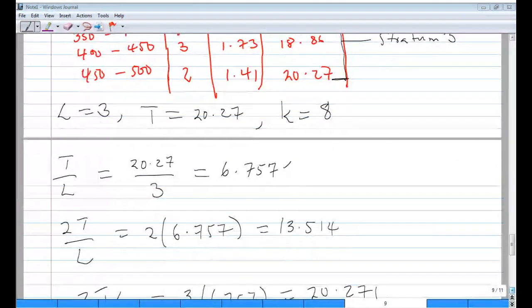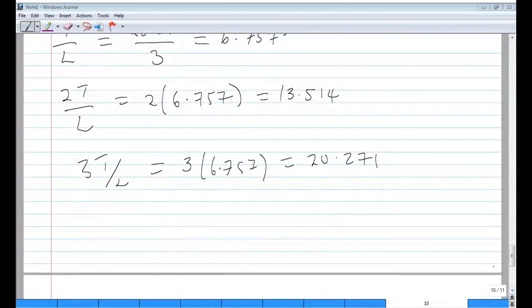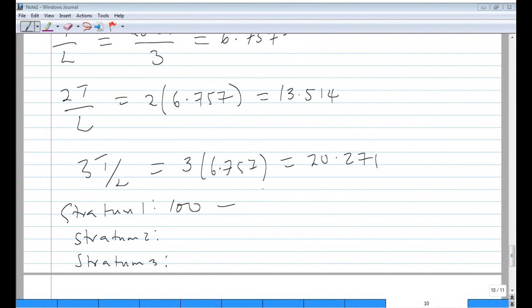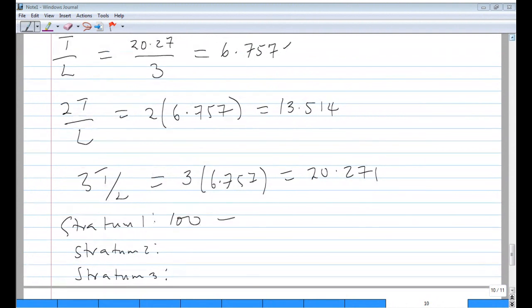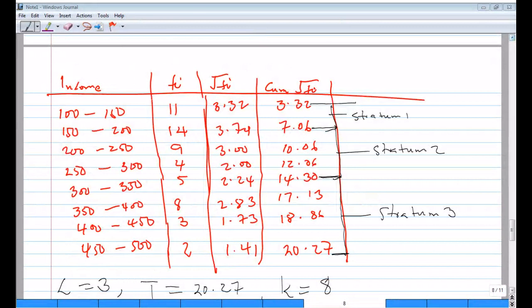You have to write stratum 1, stratum 2, stratum 3. So stratum number 1, obviously starting from 100 to 200.